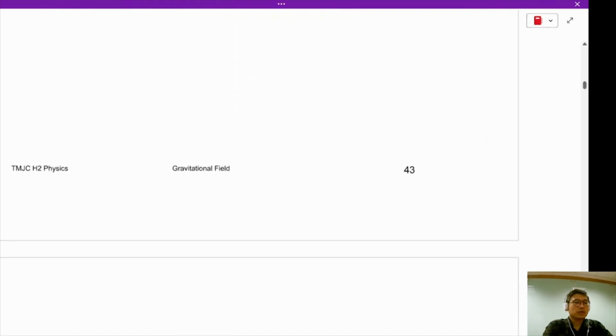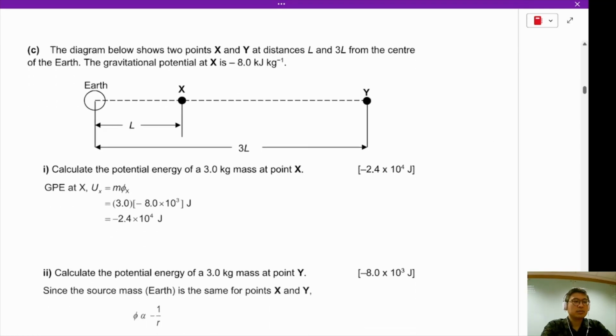Let's move on to question 5c. The diagram shows 2 points x and y at a distance of L and 3L from the center of the Earth. The gravitational potential at x is minus 8 kilojoules per kg. Calculate the potential energy of a 3 kg mass at x.